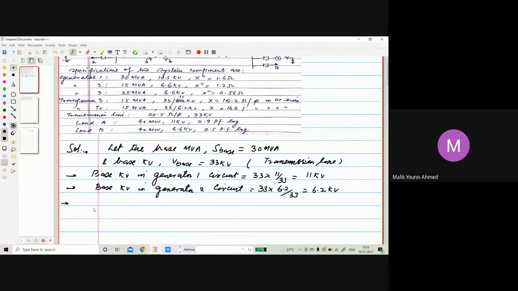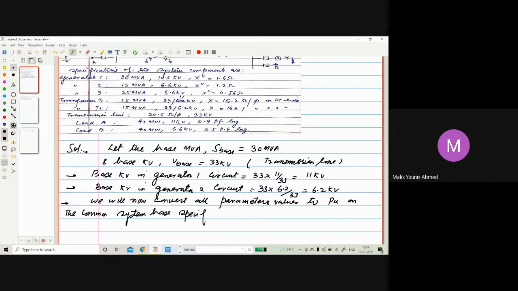What we will be doing is converting all parameter values to per unit on the common system base specified above.